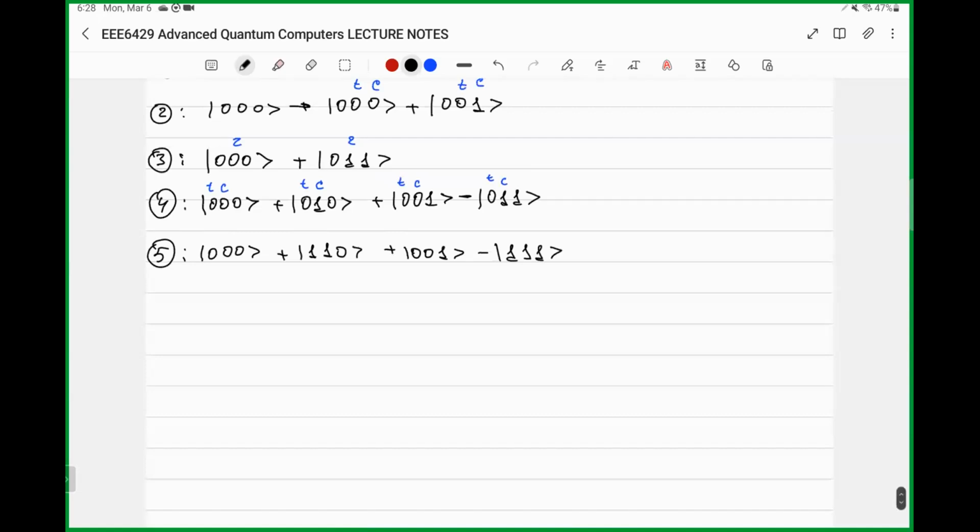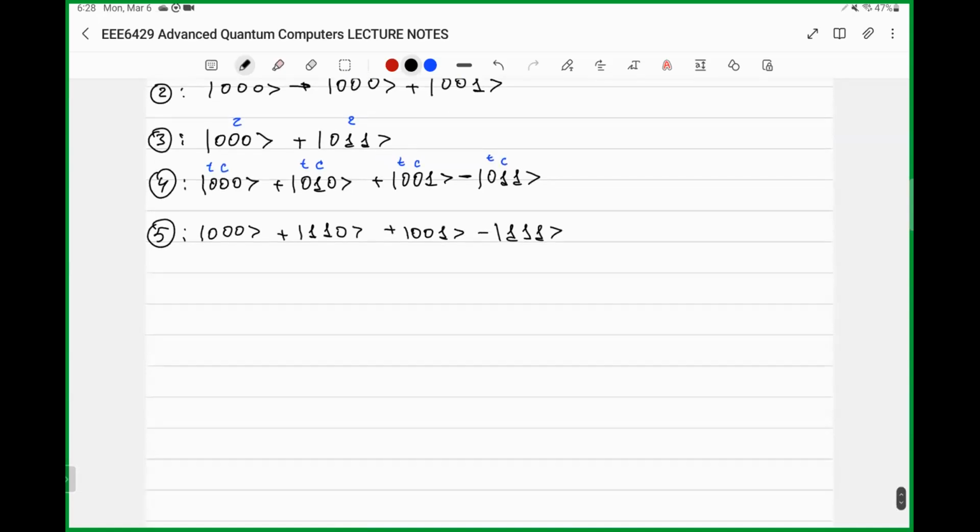Okay, so the result of the application of this circuit is the 000 state plus 110 plus 001 minus 111 state. And minus here is important.